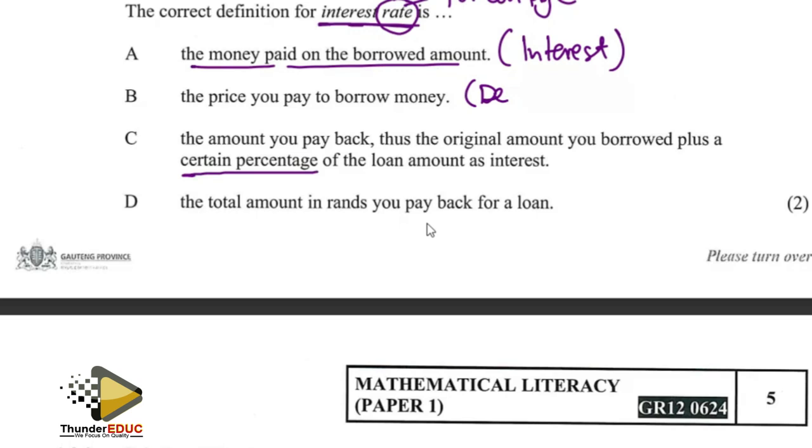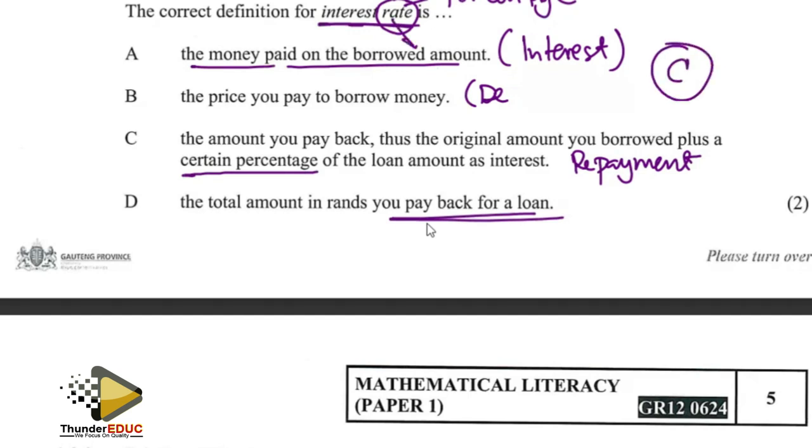Because here we look at the amount you pay back. Now this will be the repayment amount. Can't be interest rate. Then here the total amount in rands you pay back for a loan. Also, this is the payback. So I would have taken C, but here there's no clear answer because I was looking for a percentage at which interest is generated.